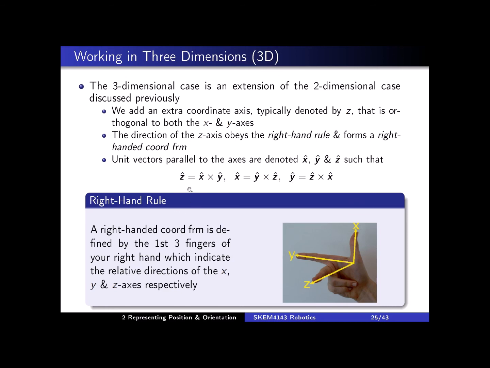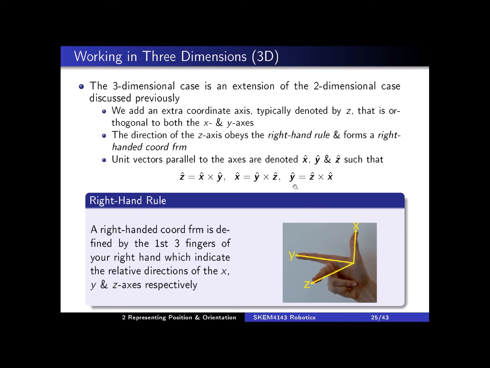Or mathematically, z is a cross product between x and y. So if you have your eyes here and you're looking in the positive direction of the z-axis, and if you rotate a screw in the clockwise direction, which means from x to y, the screw will move in the z direction.